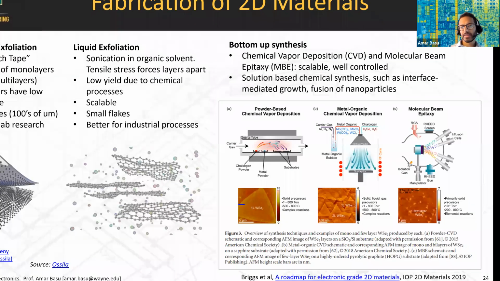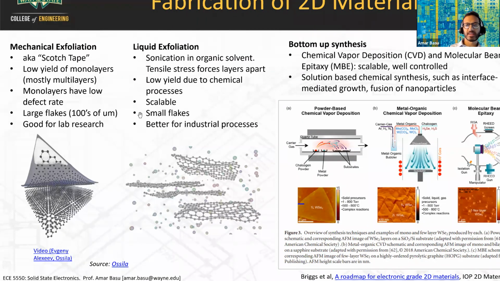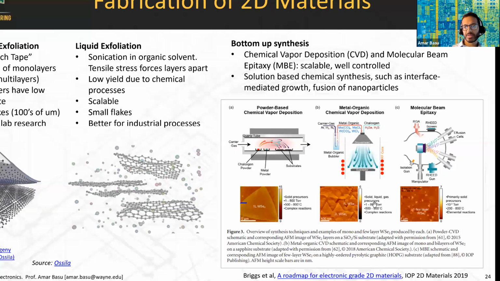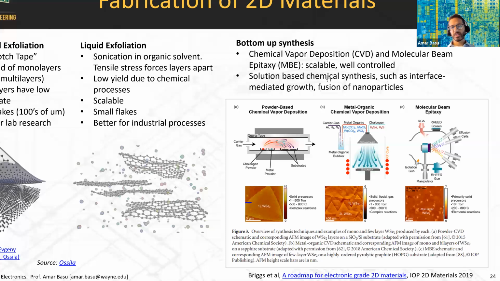All right, and these first two methods are called top-down techniques. And this last set of methods is called bottom-up synthesis. This is similar to what we talked about before with layer by layer atomic deposition. So CVD, molecular beam epitaxy, these are ways where you can deposit carbon atoms or other materials one atomic layer at a time.